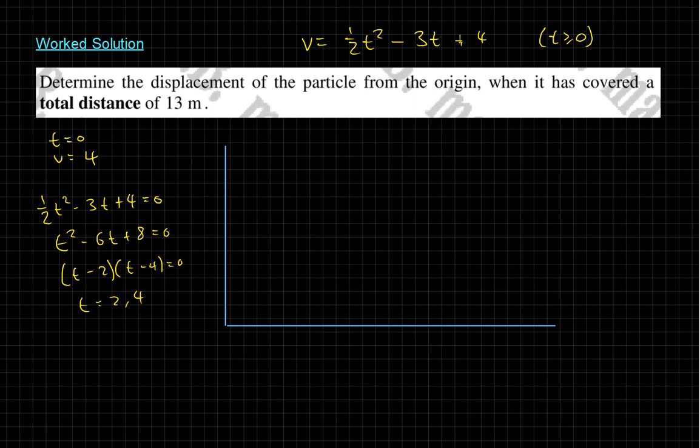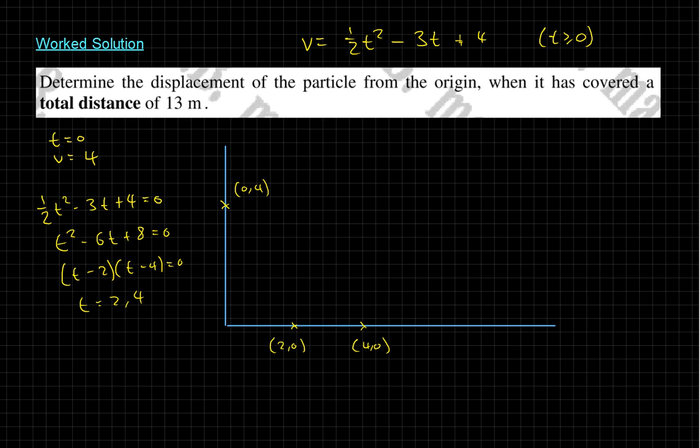So therefore I've got a few points here. I've got a point at 0, 4. And then from these two, which is when the velocity is 0, I've got a point at 2, 0, and another one at 4, 0.